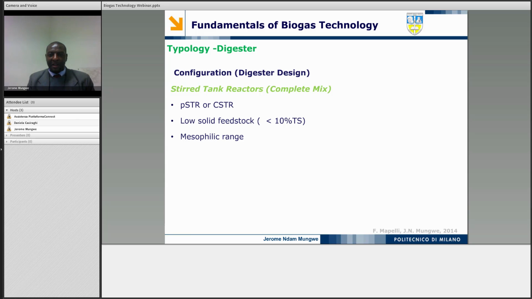This type of design can either be periodically stirred tank or it is continuously stirred. Because of its operating constraints, the total solid in the digester should be less than 10%. This type of designs are usually meant for thermophilic range of temperatures.